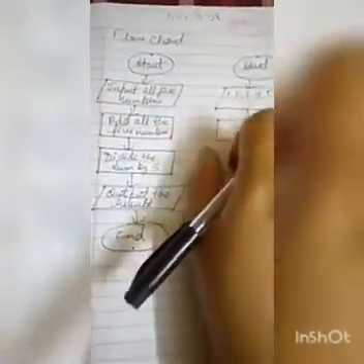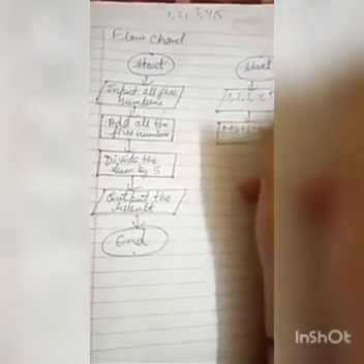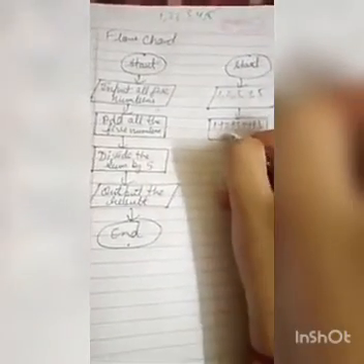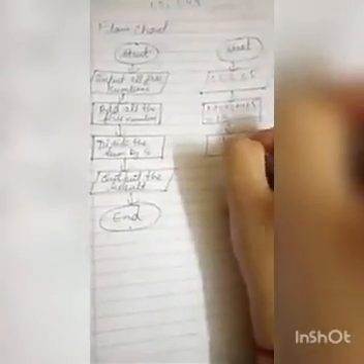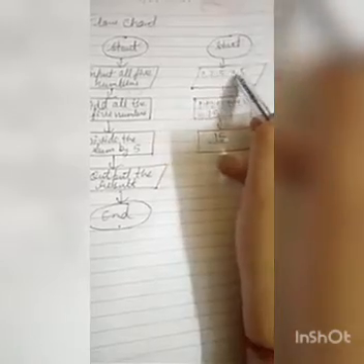On adding these numbers, 1 plus 2 plus 3 plus 4 plus 5, my answer is 15. And now another processing box is there: divide the sum by 5. My sum is 15 and I have to divide it by how many numbers I have been given? 1, 2, 3, 4, 5.